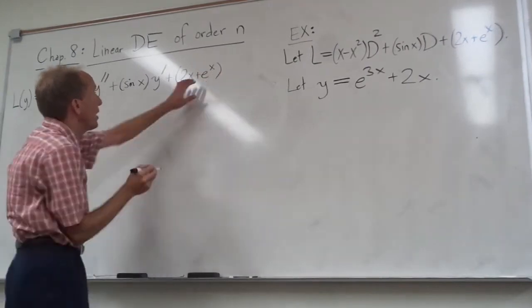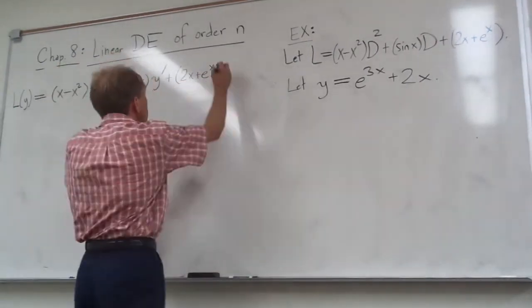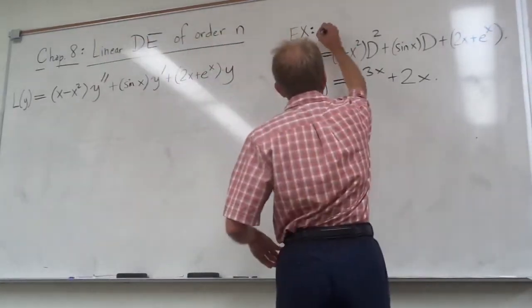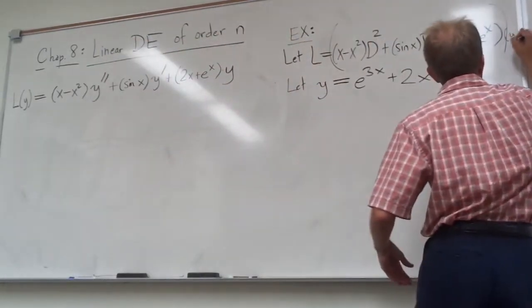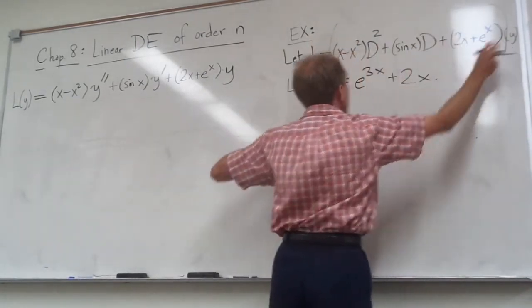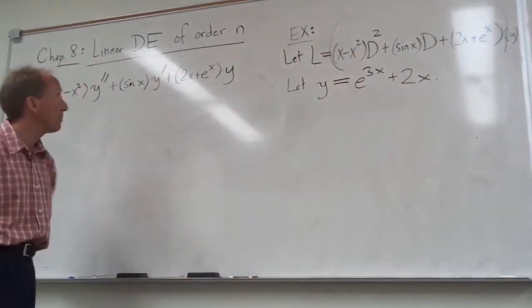People sometimes forget that that also has to be multiplied by just y itself. You're putting L of y, so there's a y over here. Each of the terms is being applied to y. So this is what you would have.